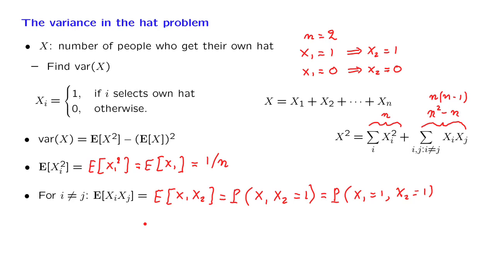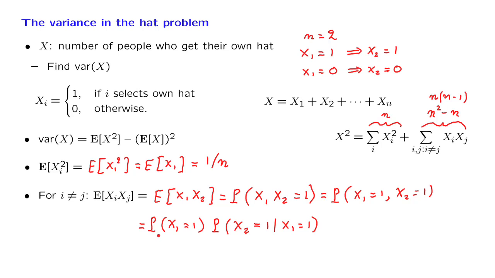Let us now turn to the sequential description of the model. The probability that the first person gets their own hat back and the second person gets their own hat back is the probability that the first one gets their own hat back, multiplied by the conditional probability that the second person gets their own hat back, given that the first person got their own hat back.